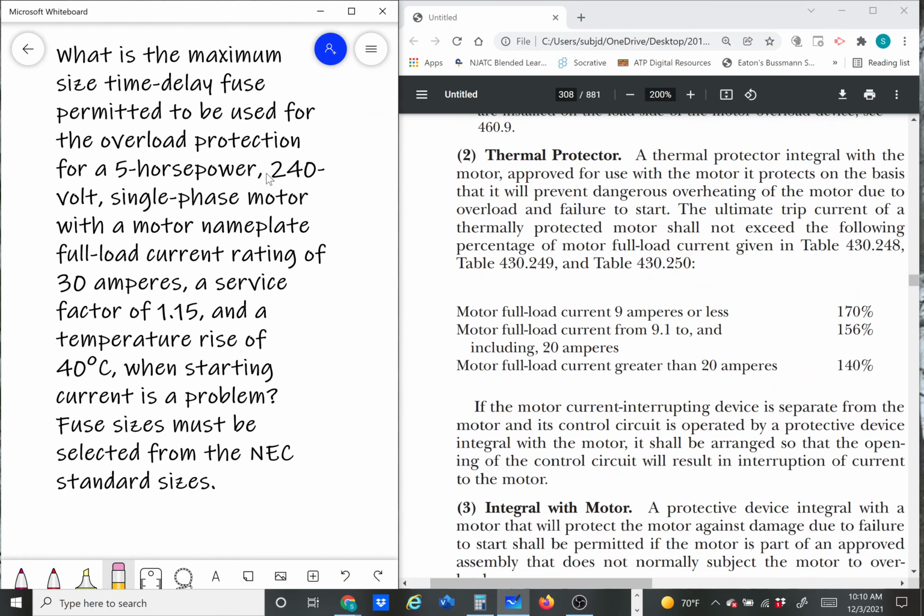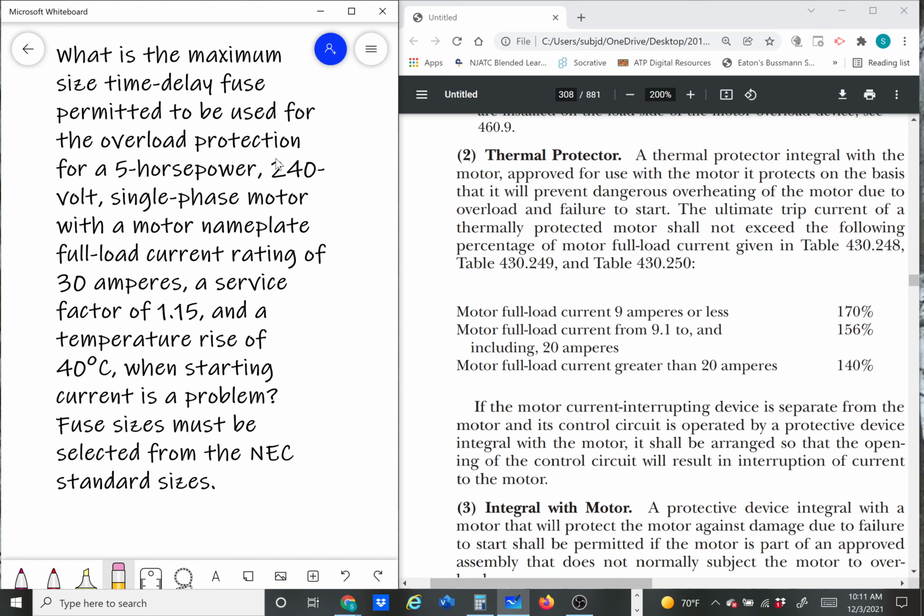All right, what is the maximum size? Now this one here, they're saying we're going to use a time delay fuse for our overload protection. Okay, so that's where it could get a little bit dicier, but we're still going to use the same stuff. So we're not going to change anything. What is the maximum size time delay fuse permitted to be used for the overload protection for a 5 horse, 240 volt single phase motor?